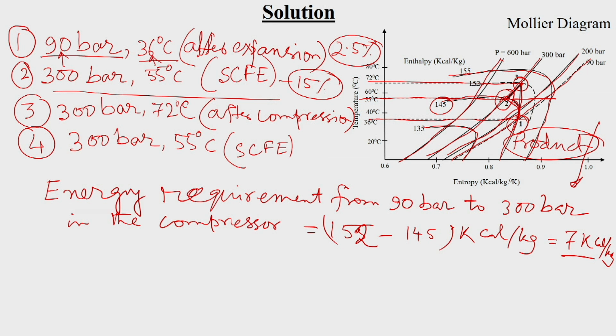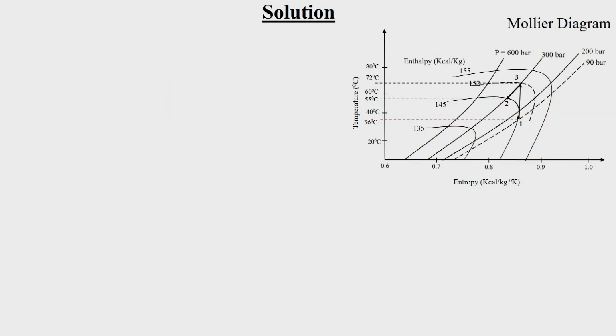Now we know the solubility of naphthalene at 55 degrees Celsius and 300 bar, which is 15%. The decrease in solubility is from 15% to 2.5%.